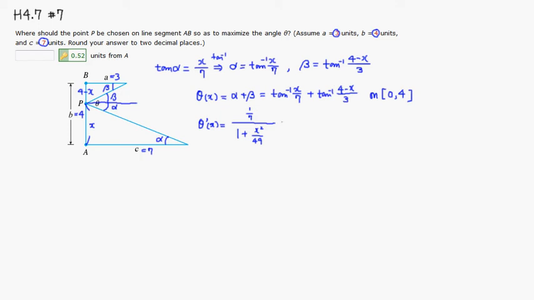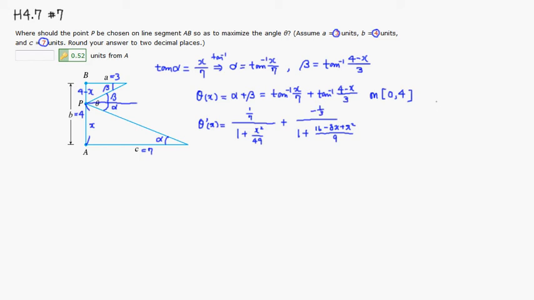Plus derivative of arctangent of 4 minus x over 3 would be 1 plus, 4 minus x squared would be 16 minus 8x plus x squared, over 3 squared, which would be 9. Then derivative of that would be negative 1/3.